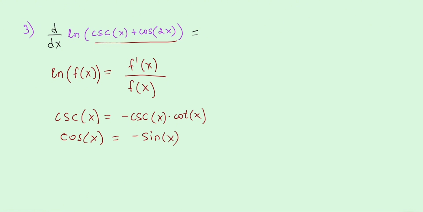Okay, now let's derive. So using the chain rule, first we're going to derive the outside function, which is the natural log function. So first, we're deriving the inside, the f of x, and that's going to be: derivative of cosecant is negative cosecant x times cotangent x, plus derivative of cosine is negative sine of 2x.